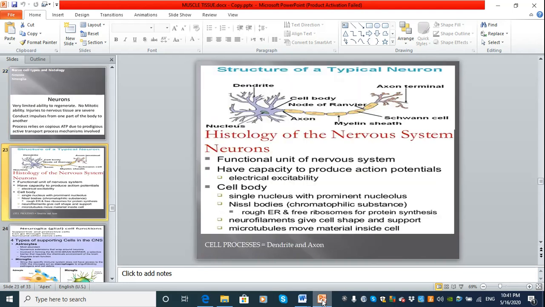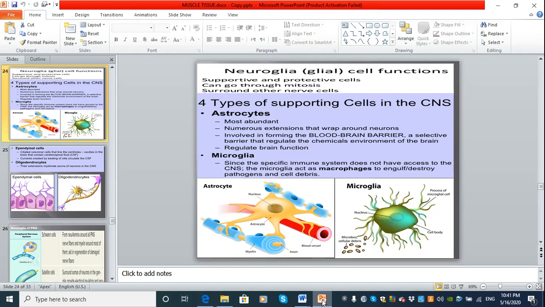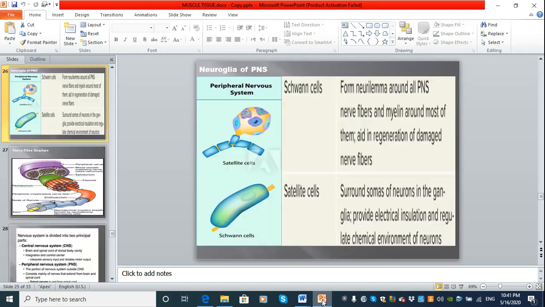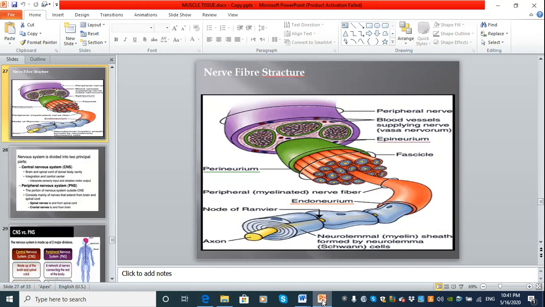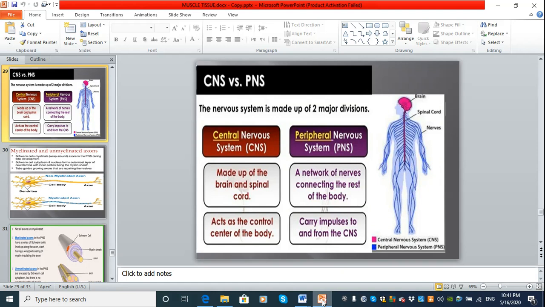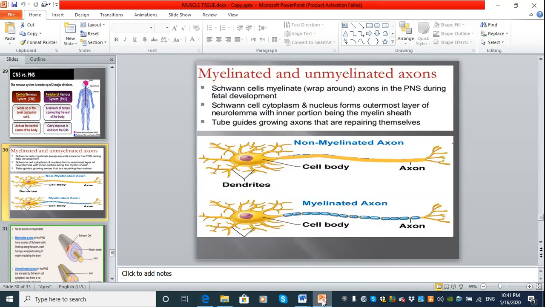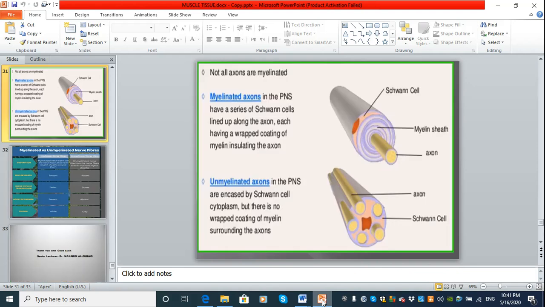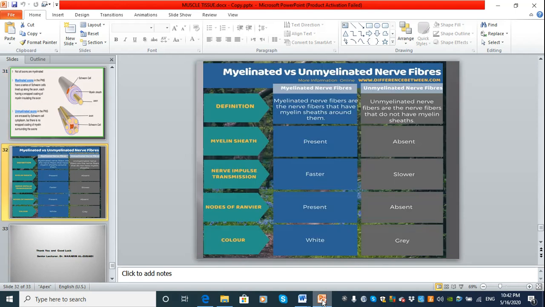And then the histology of neurons: the four types for CNS and the two types for PNS are important, and this is only for knowledge, and this is also important for the human body. This slide you also need to know as explained. This is very important as it defines the difference between myelinated and unmyelinated. This table is also important.